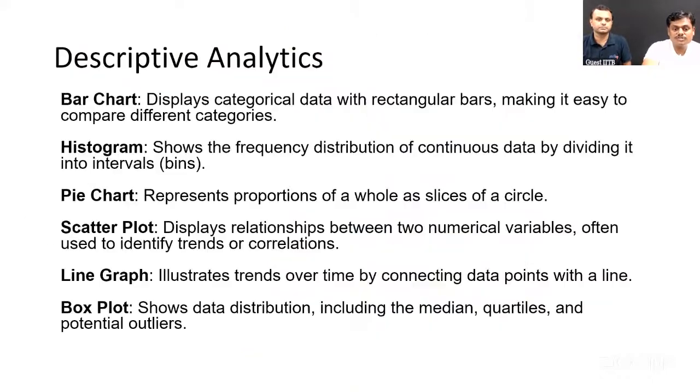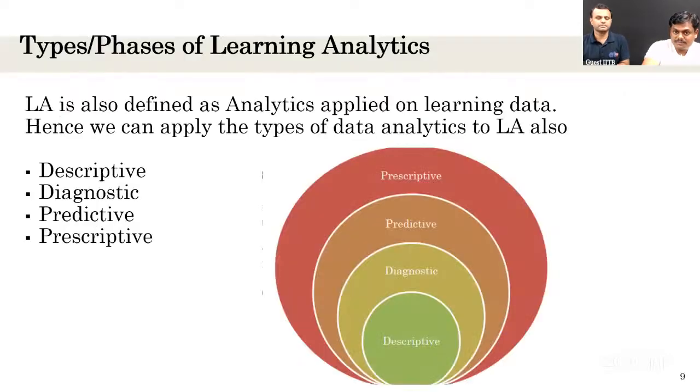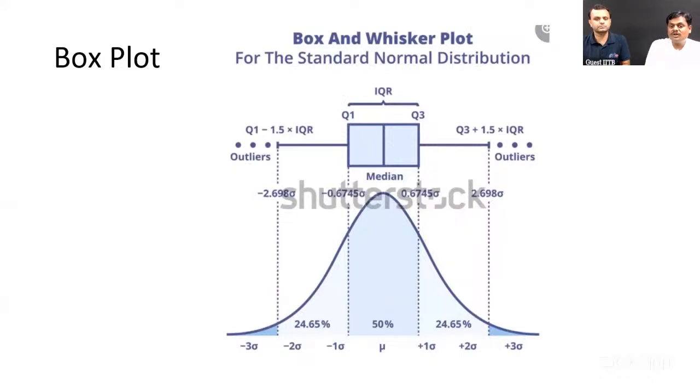When we use a box plot, it shows the data distribution. Distribution is another keyword. It includes the median, quartiles, and potential outliers in the data. This is one representation of a box plot, and below the box plot you can see the bell curve. All of us know the bell curve at the center contains 50% of the samples.